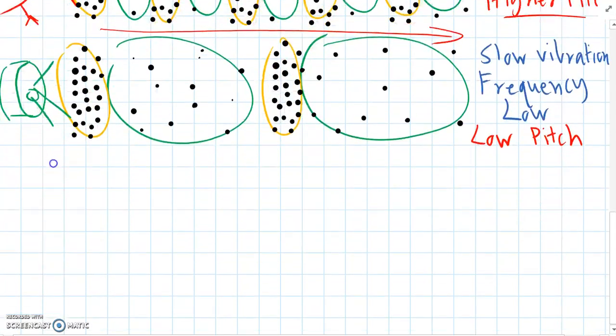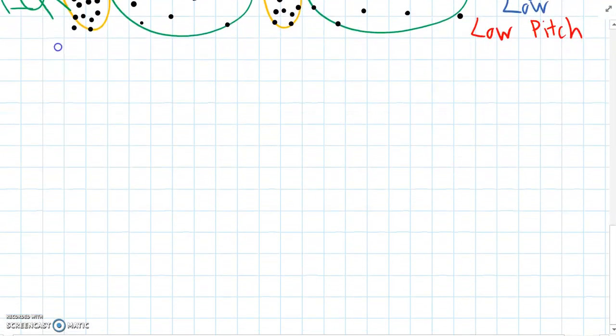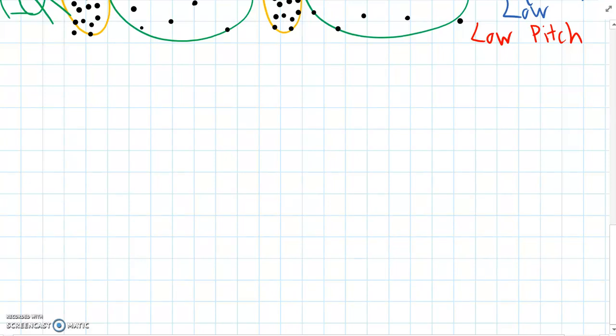The last thing to look at is how quickly does sound actually move through materials. And you might have heard about the speed of sound, but what people mean when they mention the speed of sound is actually the speed of sound in air.